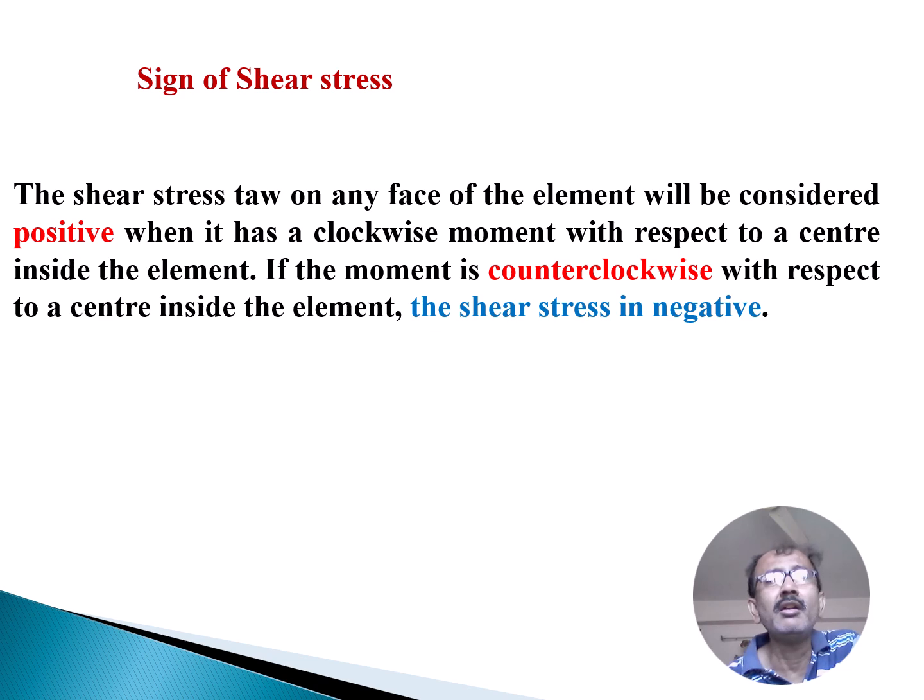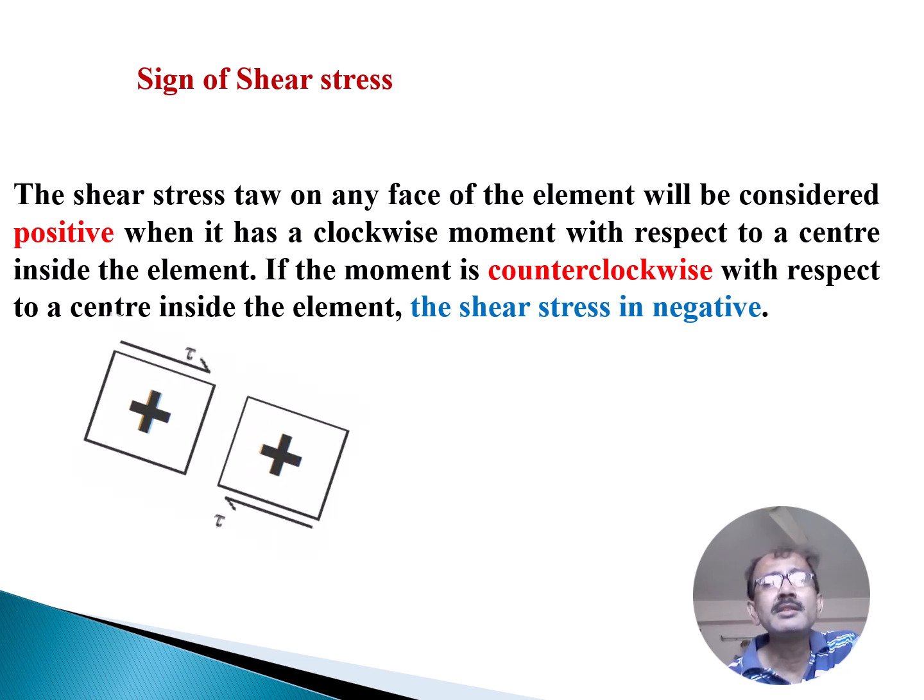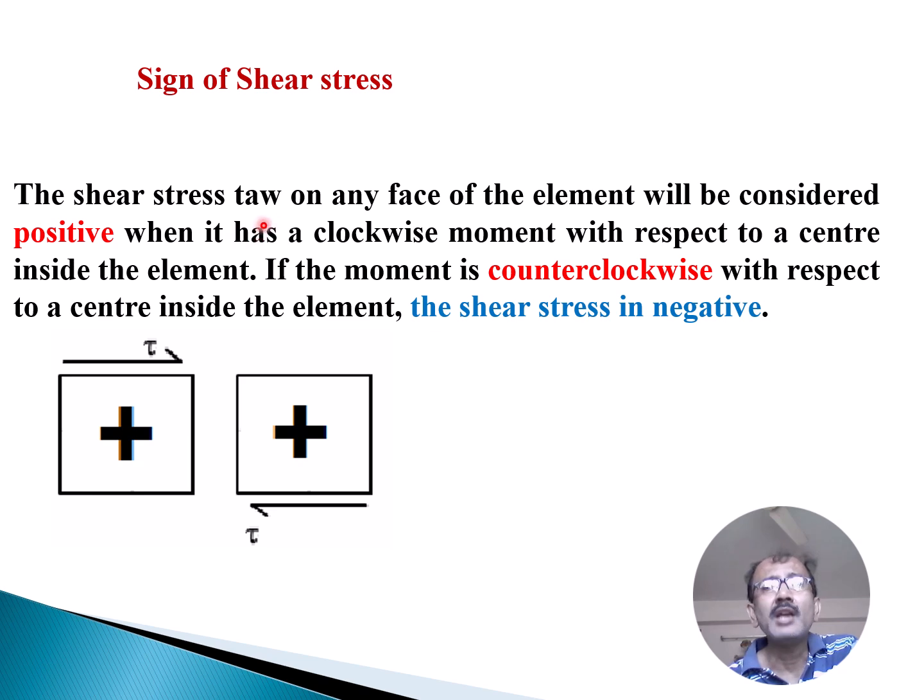Now, the sign of shear stresses. The shear stress tau on any face of the element will be considered positive when it has a clockwise moment with respect to the center inside the element. If the moment is counterclockwise with respect to the center inside the element, the shear stress is negative.